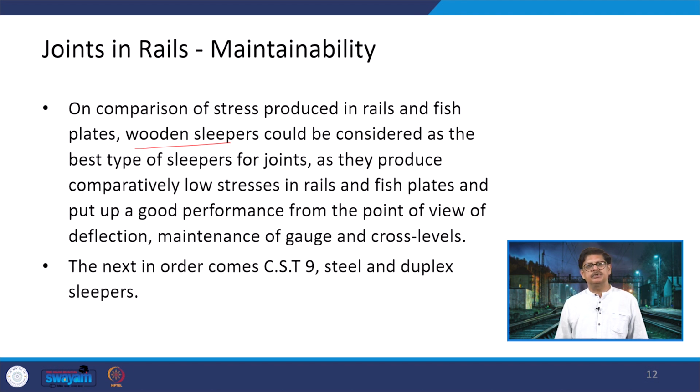And these wooden sleepers will help in producing low stresses in the rails as well as in the fish plates, and they will give good performance from the point of view of deflection, maintenance, cross levels, etc. If we are not going with the wooden sleeper, then another choice can be a CST9 steel sleeper or a duplex sleeper. They are also good at these particular locations.